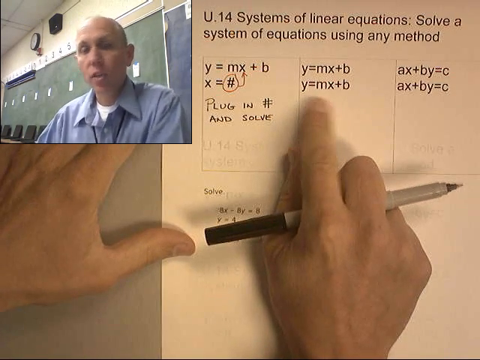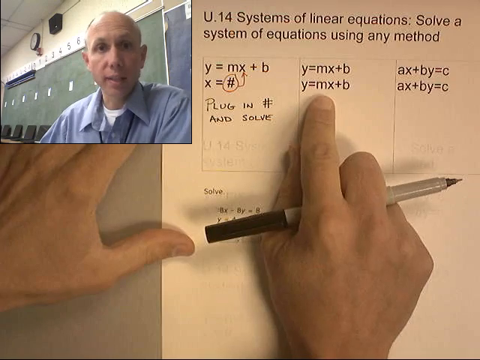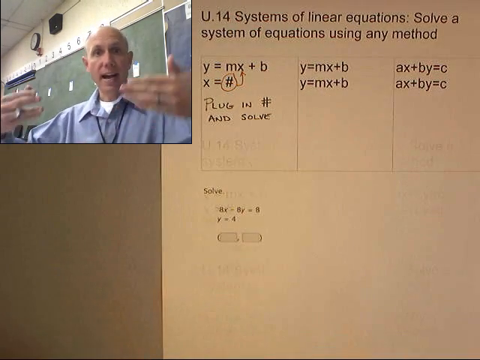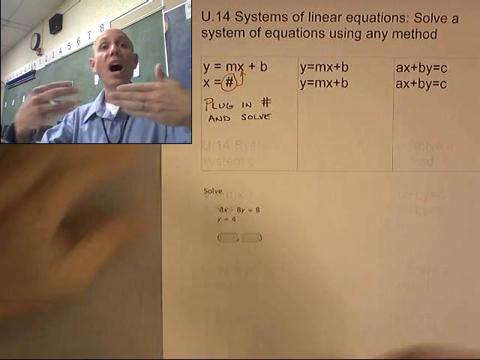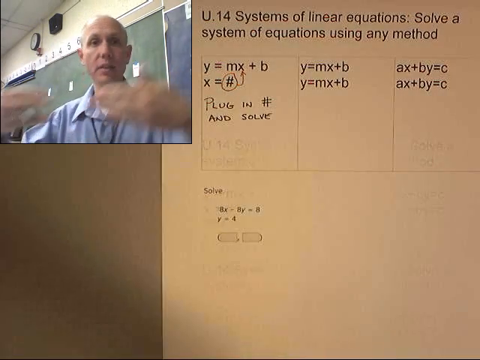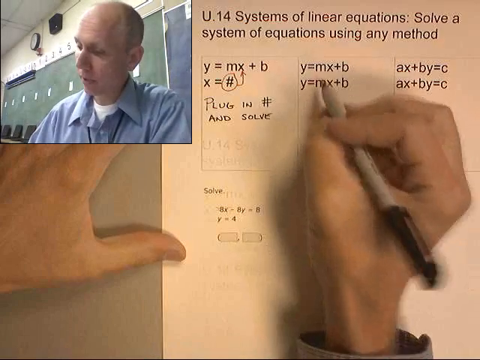If I'm given 2 equations that are both in slope-intercept form, I like to just set the 2 equations equal, using the y as the joining part of it.